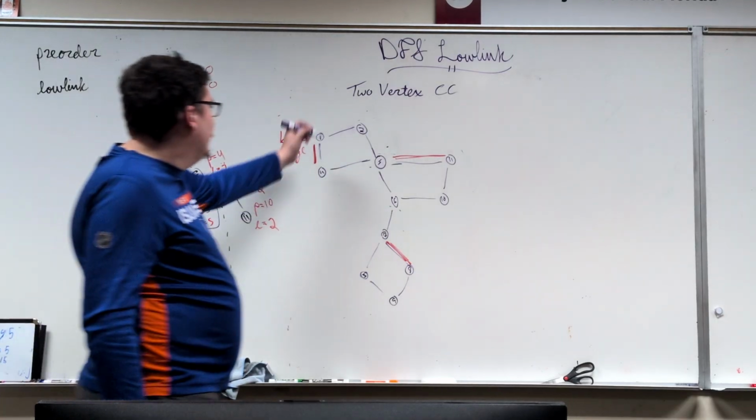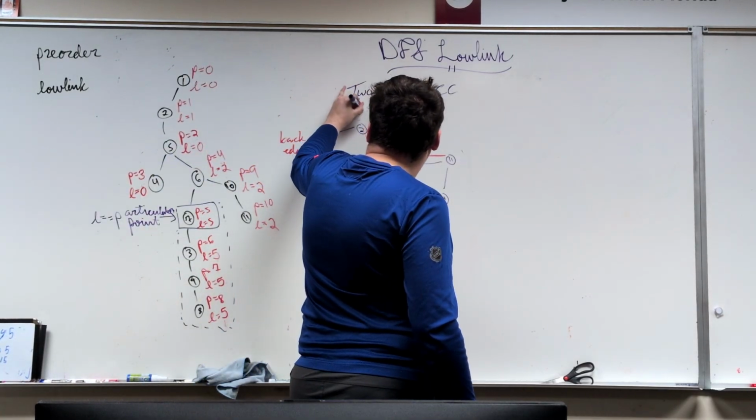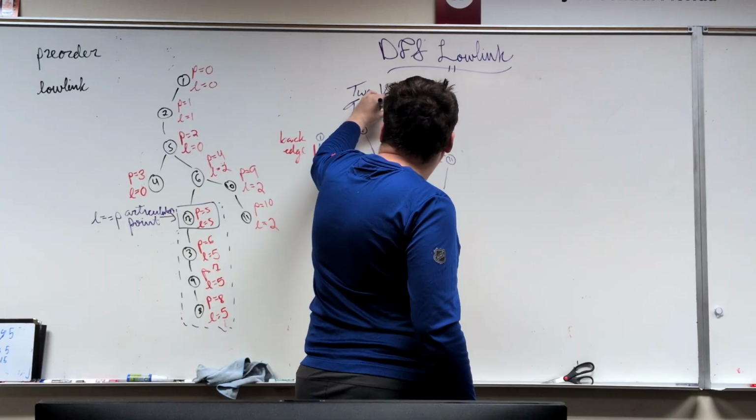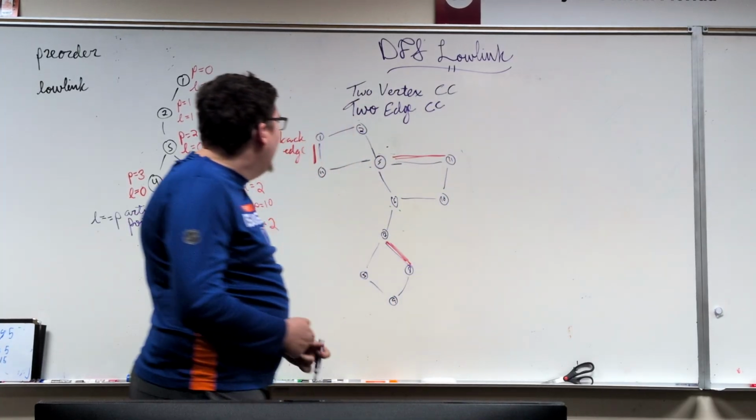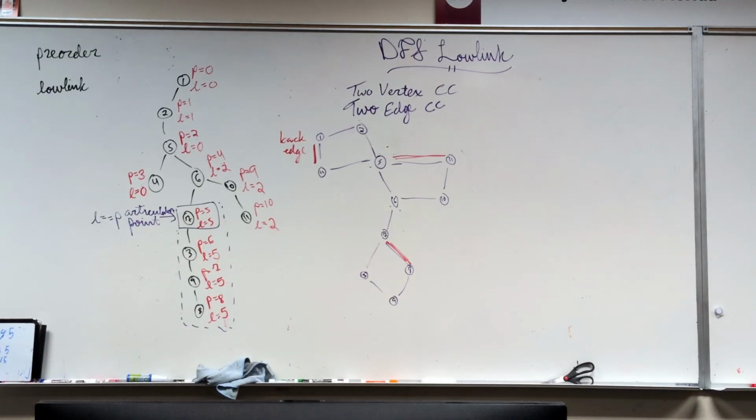We also have 2 edge connected components. It's the same idea as a 2 vertex connected component, but for every edge, if we were to remove it and the component still stays fully connected, then it's a 2 edge connected component for any edge in that component.